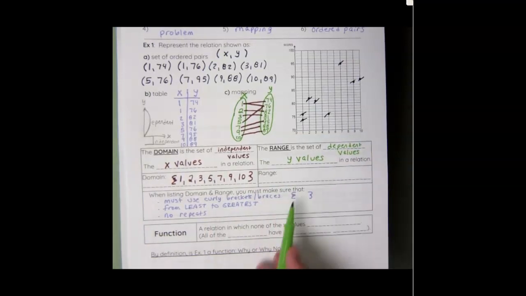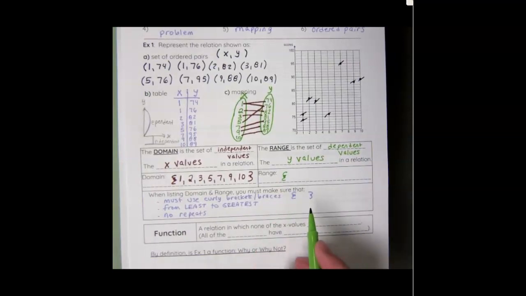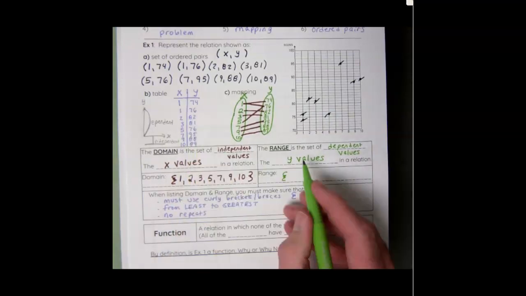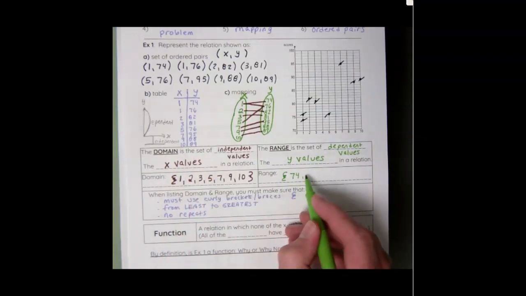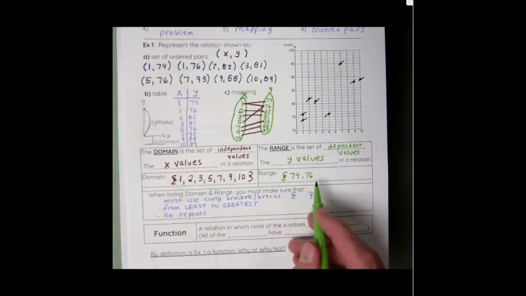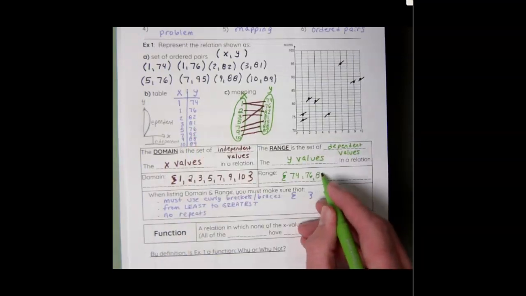Our range, on the other hand, we start with curly brackets still. Right? And we write from least to greatest. So our smallest y value happens to be the one at the top, 74. 76 is our next highest. But we have another 76. We don't write that one. And then our next highest would be 81.